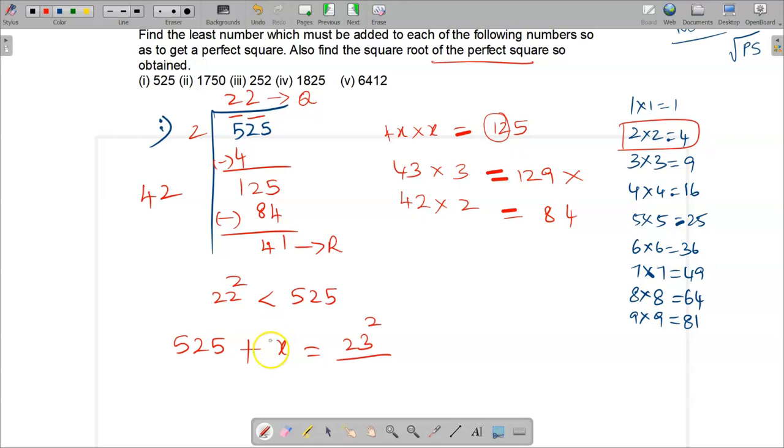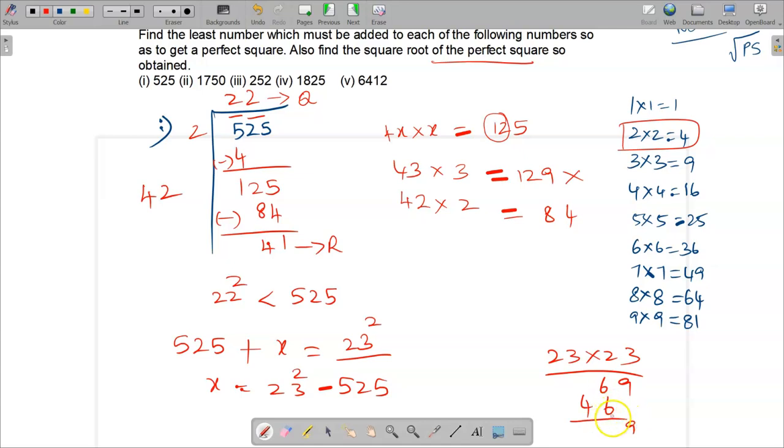So this x I have to determine. What value do I have to add to 525 in order to get the next perfect square, which is 23 square? So x is equal to 23 square minus 525. Let me find 23 into 23. 3 3s are 9, 3 2s are 6, 3 2s are 6 again, 2 2s are 4.